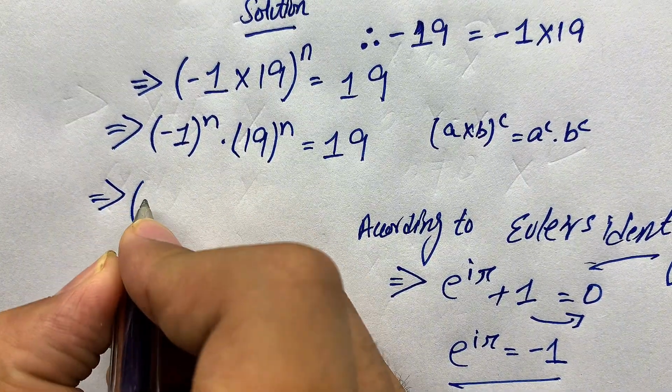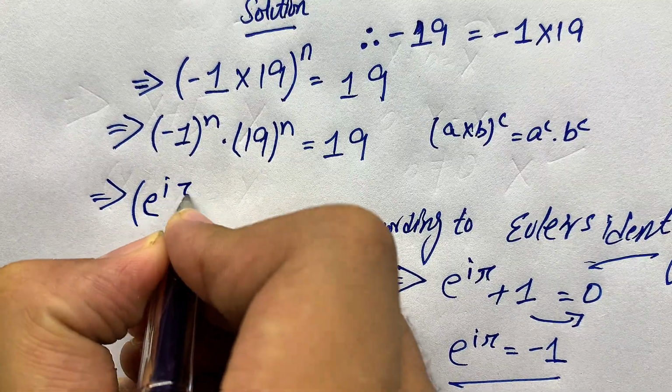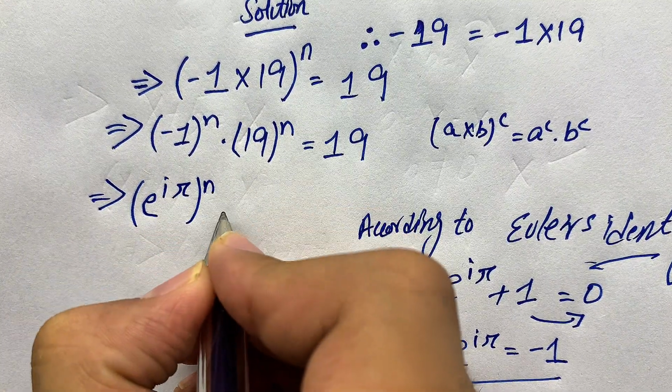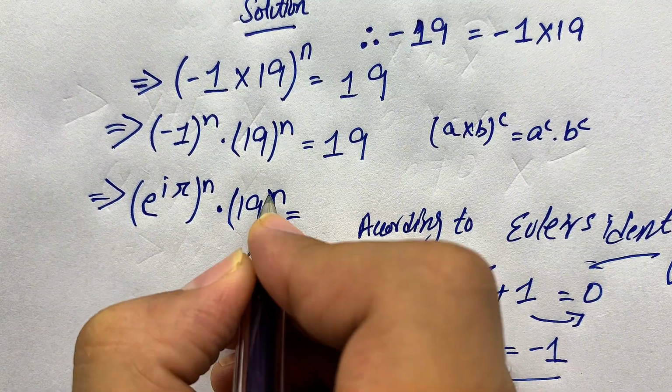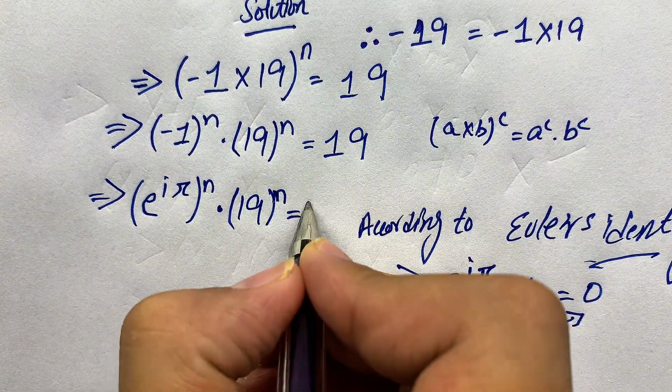Now we write (e^(iπ))^n · 19^n is equal to 19.